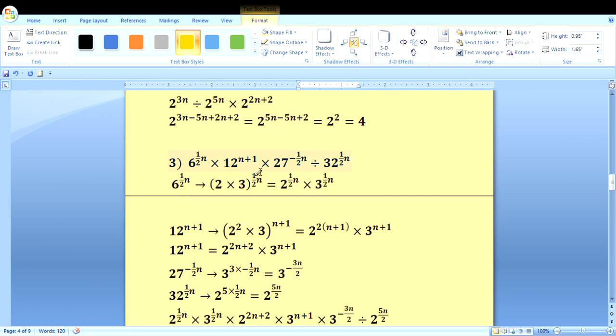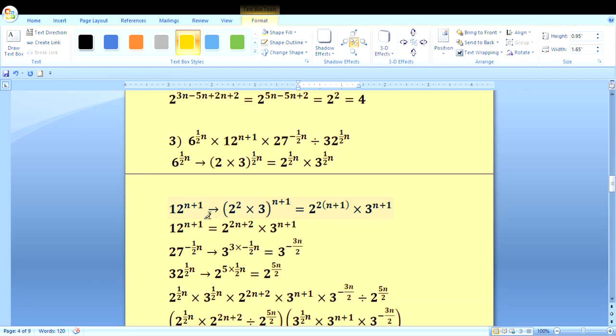Close the bracket, raised to the power half n, which becomes 2 raised to half n times 3 raised to half n. Now for 12 raised to n plus 1, 12 can be written as 4 times 3, and 4 can also be expressed as 2 raised to 2, times 3, close bracket here, raised to n plus 1.